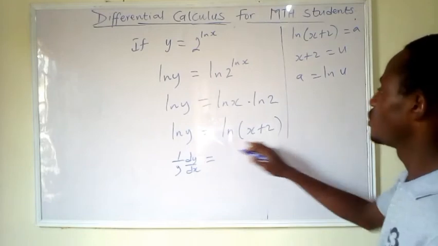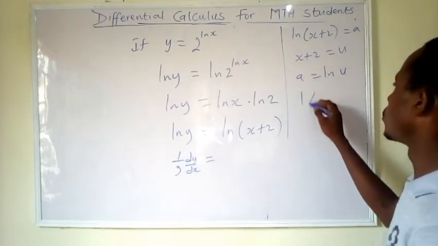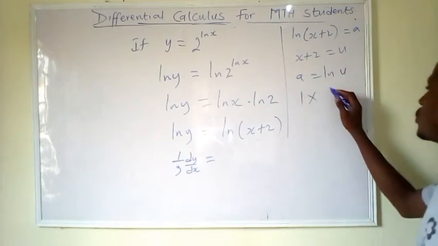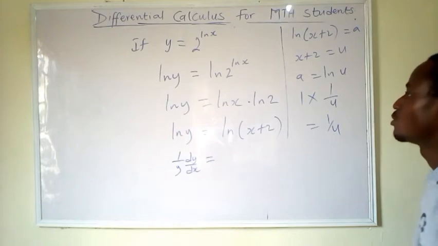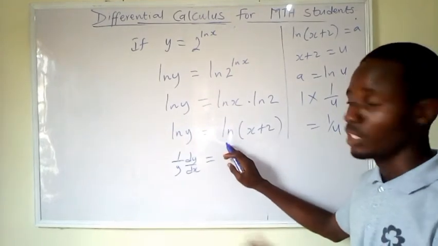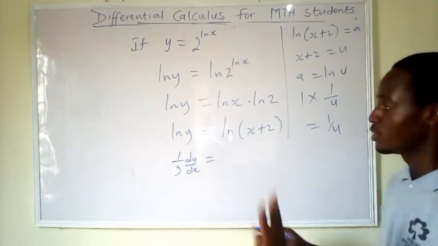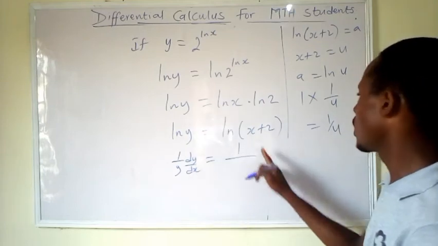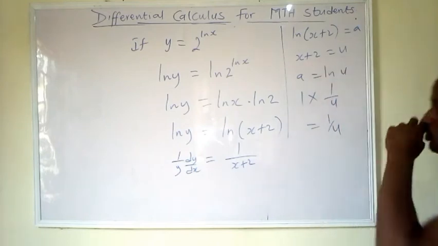So to find the derivative, that will be the derivative of this, which is 1, multiplied by the derivative of this, which is 1 over u, and that will give us 1 over u. So that gives us 1 over x plus 2, since u equals x plus 2.